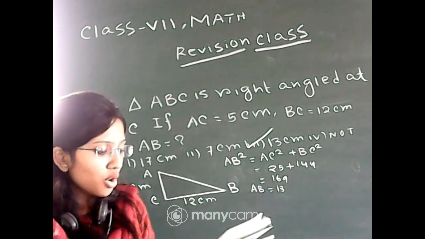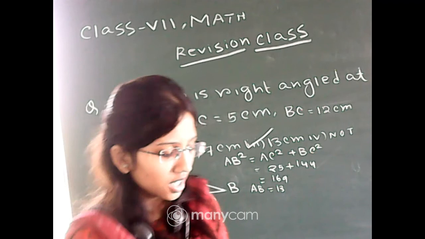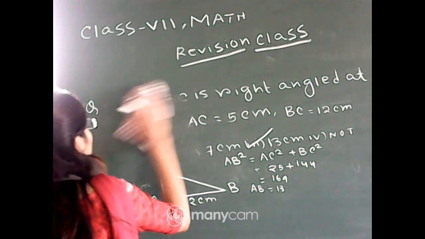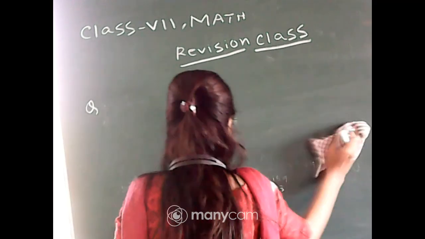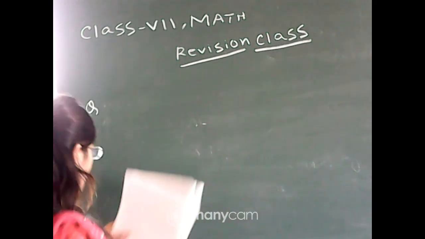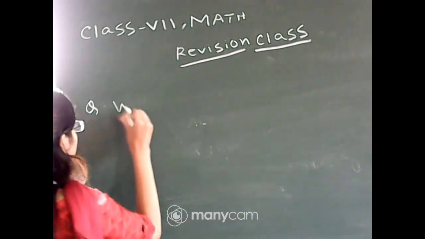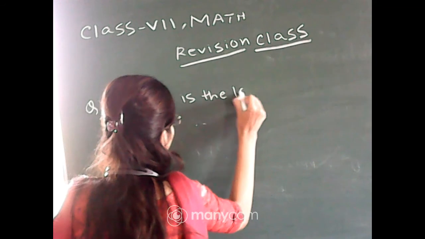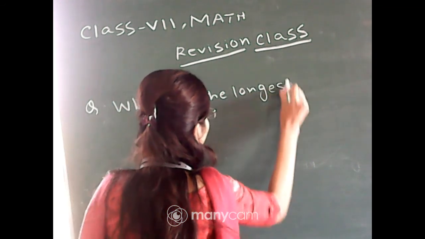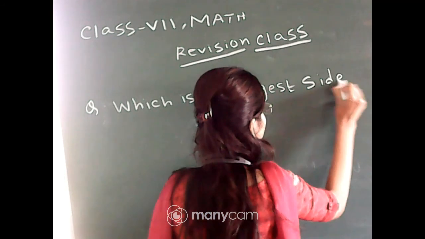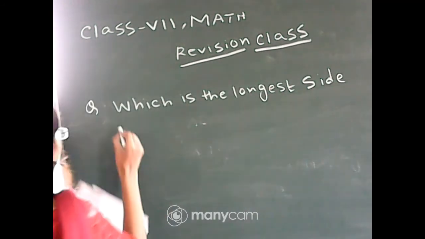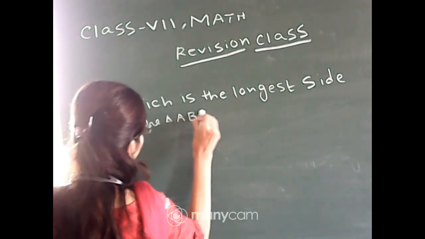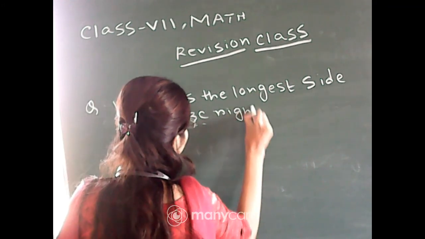Now tell me, which is the longest side in the triangle ABC right angled at B? Next question.